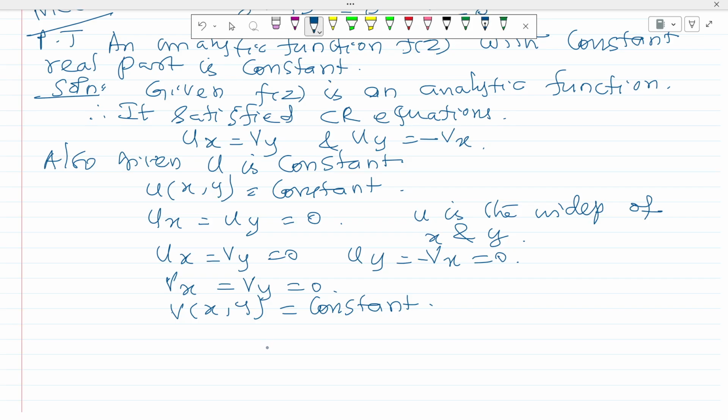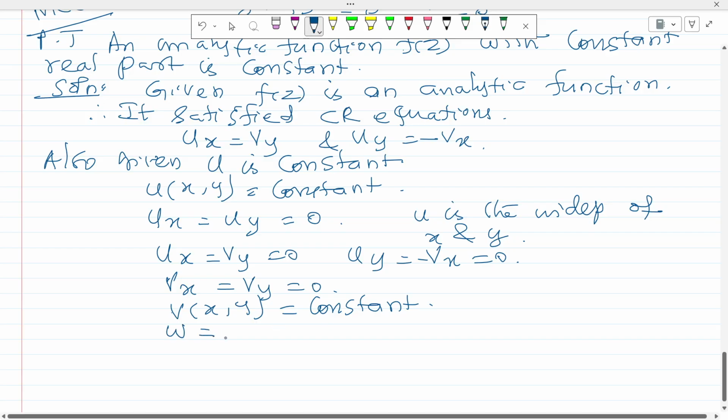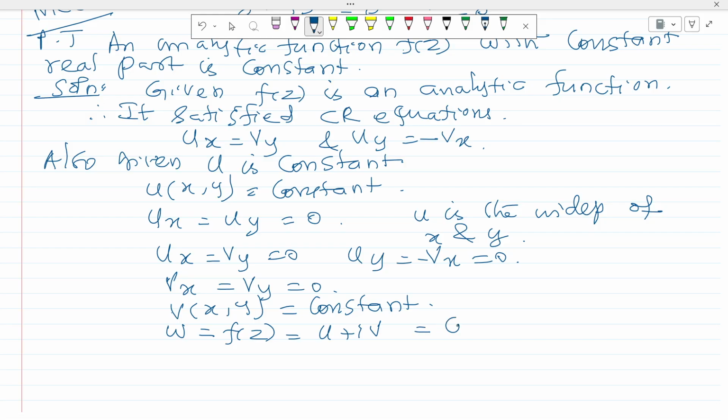Vice versa. In case they ask the question like, prove that the analytic function with constant imaginary part is also constant. Like that, if they ask the same proof, taking v as a constant, then you can prove u is a constant. Okay, reverse. Fine. So v is a constant now. What is f? Analytic function f of z equal to u plus iv. So u is the constant plus i into v is the constant.